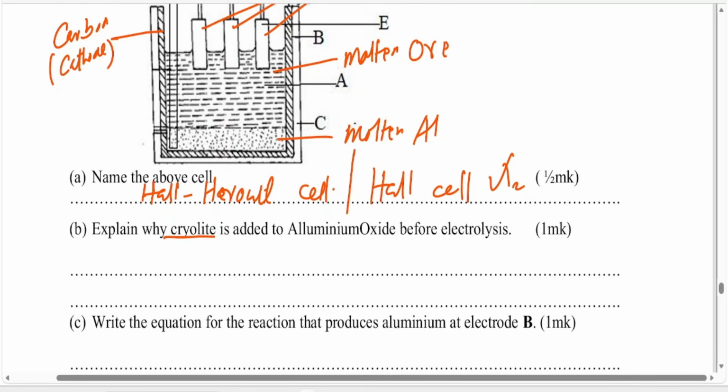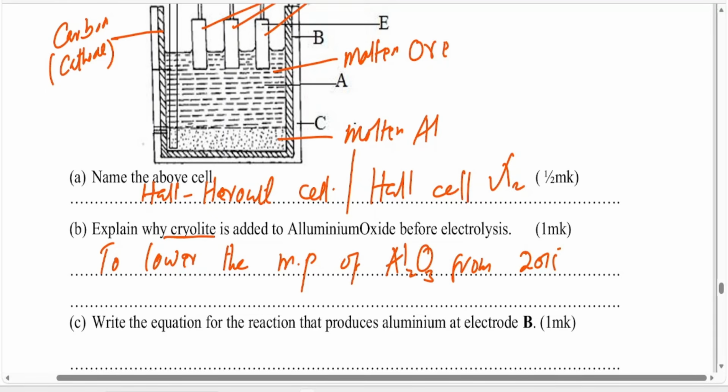So we say to lower the melting point of aluminium oxide from 2050 degrees Celsius to around 800 degrees Celsius.